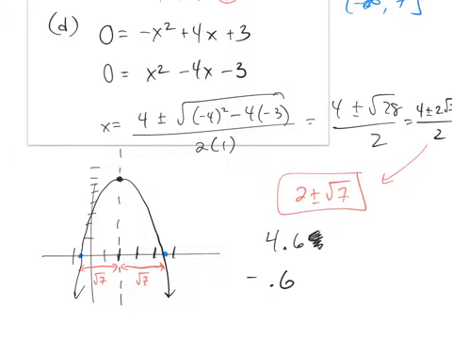So the root 7 here, I want you to understand the significance of your answers. The root 7 is like a deviation, and the 2 is like a starting point. It all comes from the quadratic formula. This is your starting point right here. Negative b over 2a.